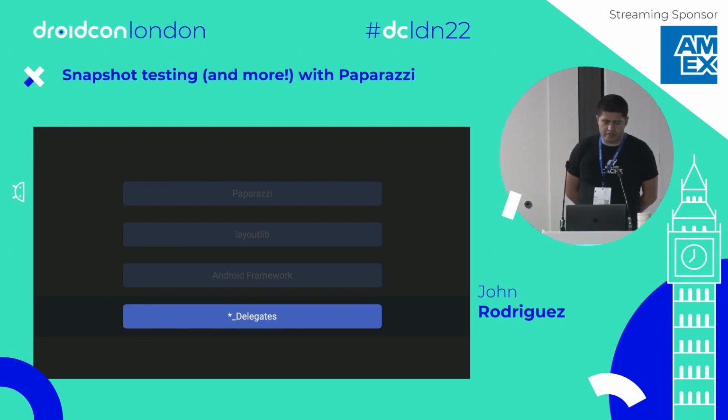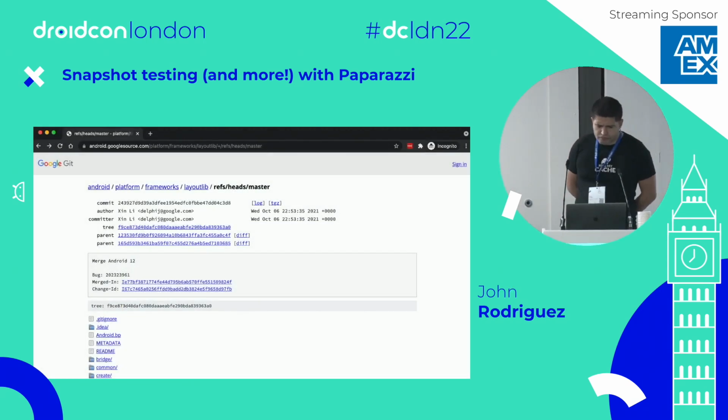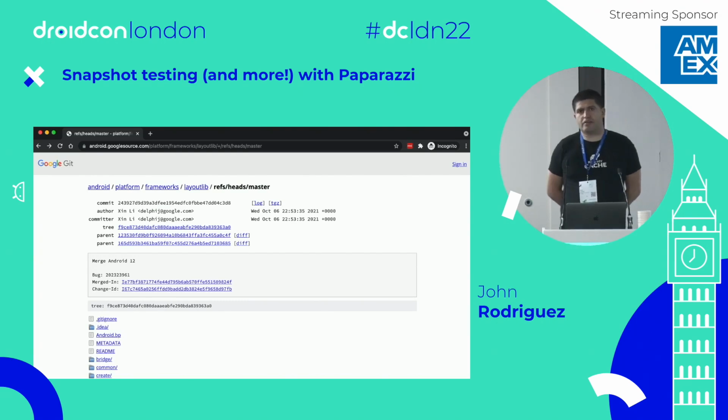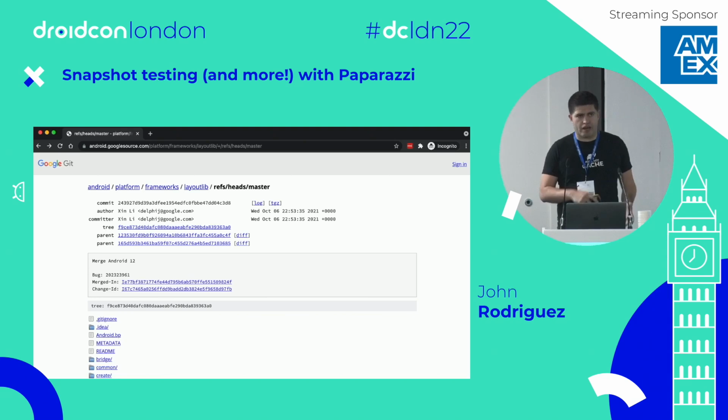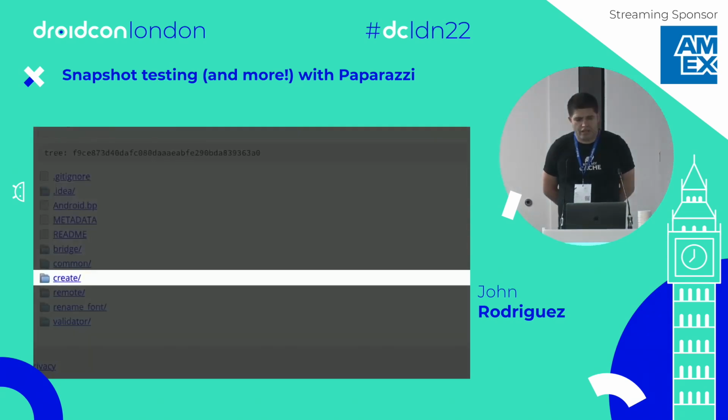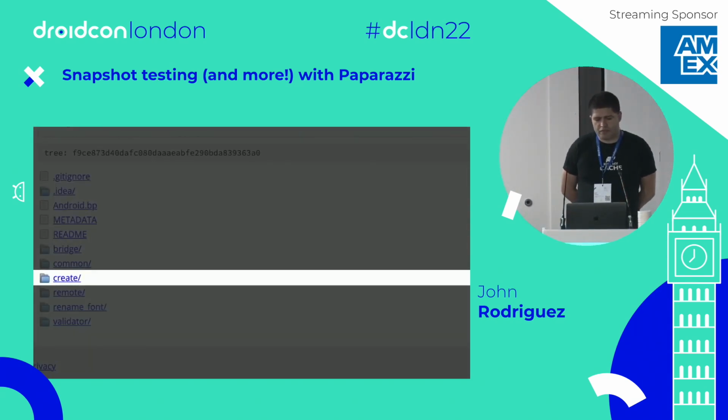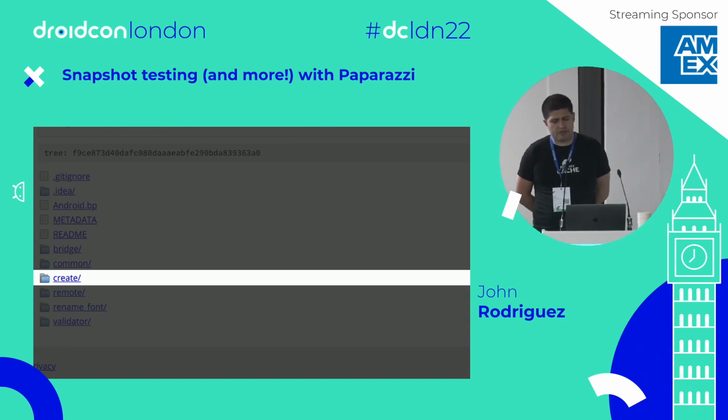Let's talk a little bit about now the delegate model. Because there's going to be native code on a device or emulator that otherwise would not be running in your IDE, there's a process to create layout lib from the Android framework called layout lib create.